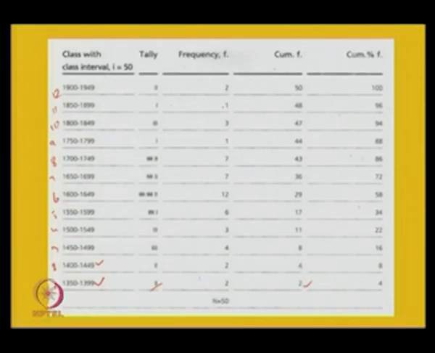So, this 4 will be below this. By adding one after another, this is the cumulative frequency. Like that, the total of 50 will be below this.